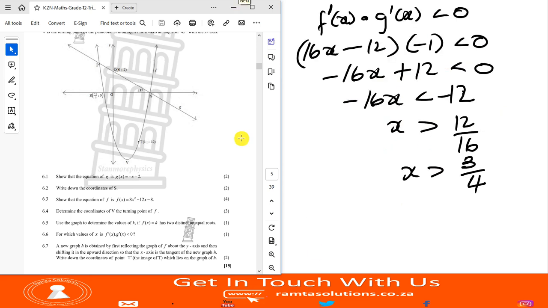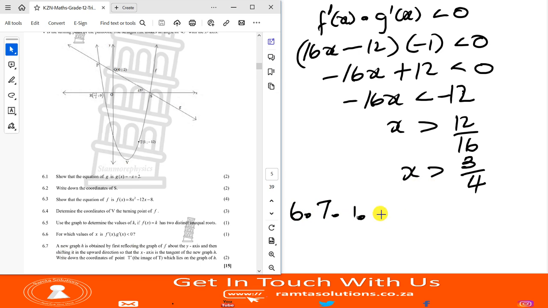Okay, perfect. My favorite, 6.7. And this is one of the questions that made me choose this question. It says, a new graph is obtained by first reflecting the graph of f about the x-axis.